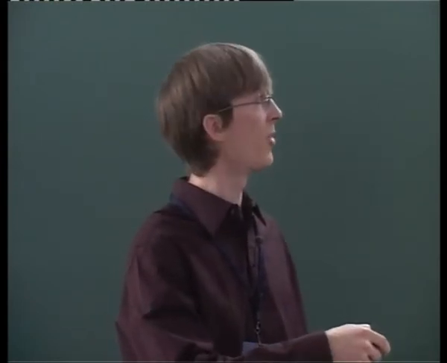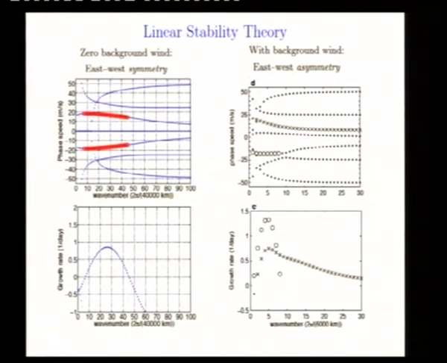And this slide is just illustrating what was going on. I mentioned this mechanism that one wave is favored over the other one. So this is showing linear stability theory for two cases, either with no background wind or with a background wind. If there's no background wind, there's east-west symmetry. There are eastward unstable modes and westward unstable modes, and their growth rates lie on top of each other.